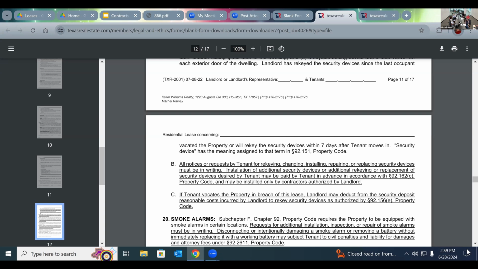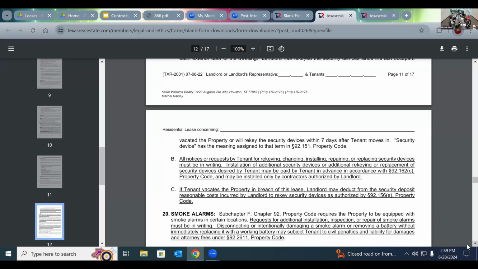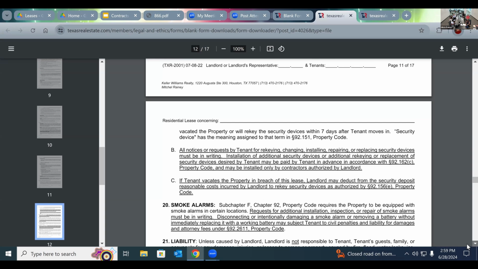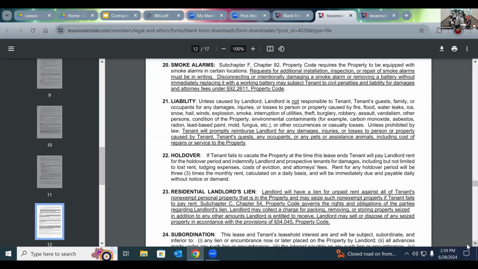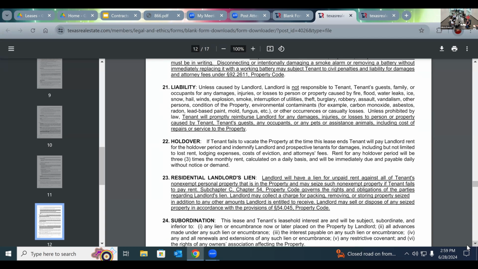Smoke alarms, there's the property code. Liability, what happens if they don't move out when they're supposed to? They can put a lien on the people if they don't pay their rents.